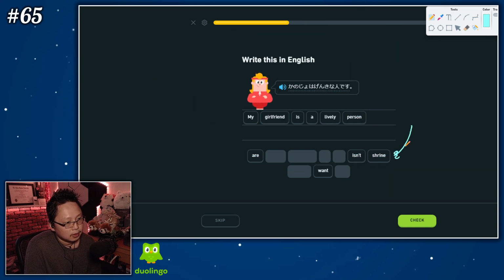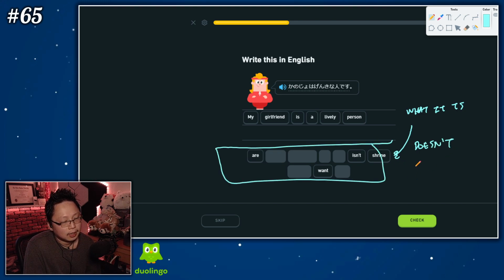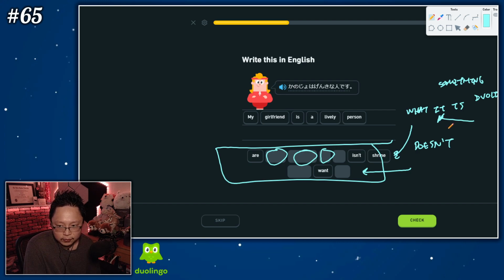If what I'm thinking doesn't match what's in the word bank, then I know that I am thinking of something else that may also work, or I'm on point with Duolingo. So oftentimes it takes me an extra step to look for the things I thought I was looking for.